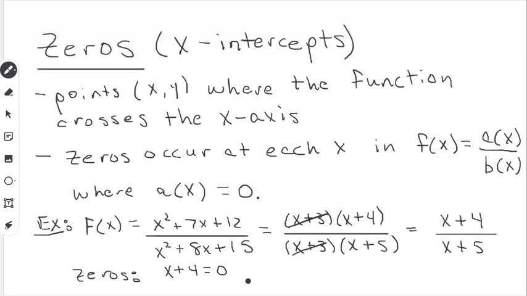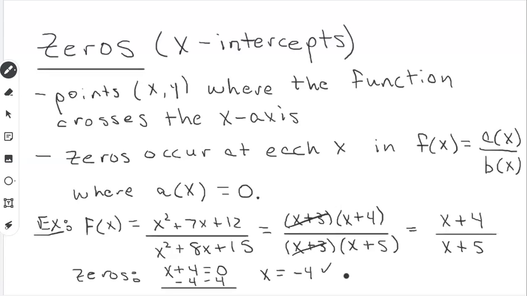Now, to get x by itself, I need to get rid of the positive 4 by subtracting 4 from both sides. When I do that, I get x equals 0 minus 4, which is x equals negative 4. So that's where my zero would be.